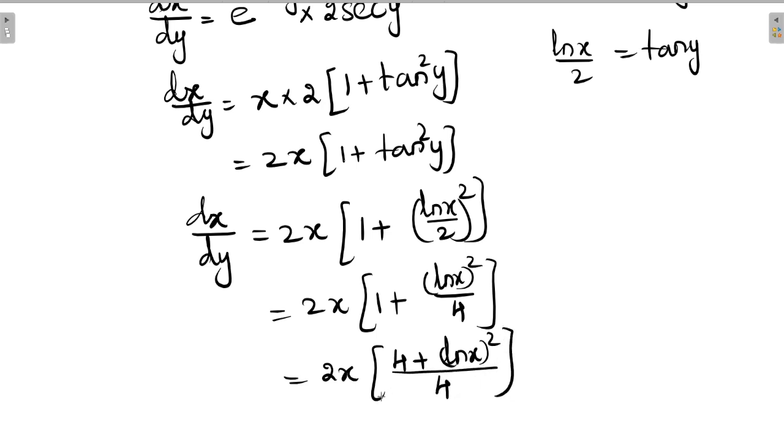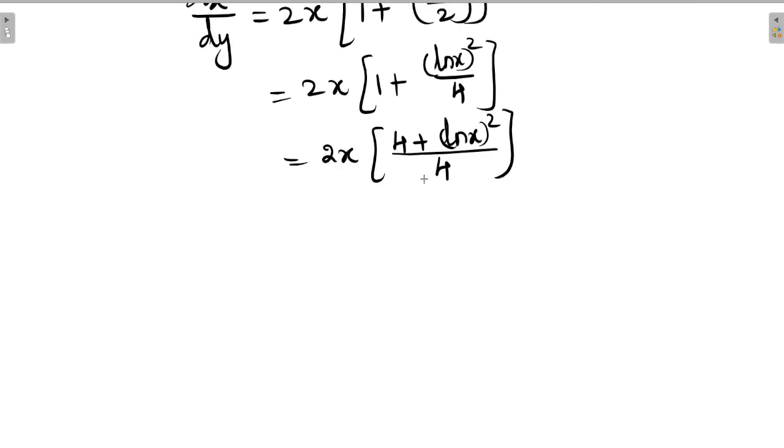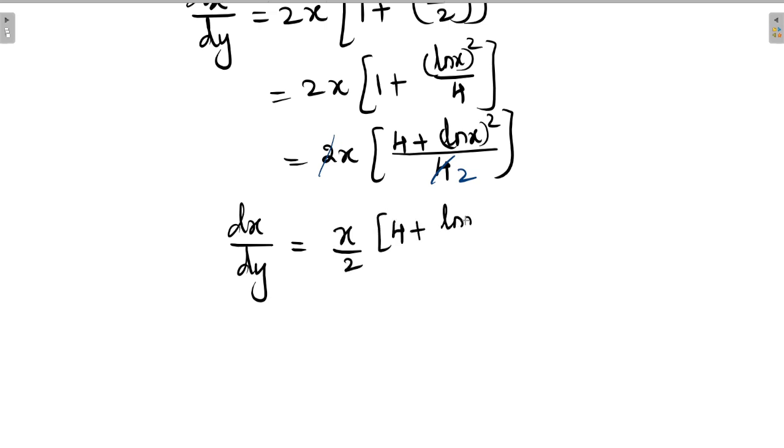Now this 2 and 4 we can cancel, and here also can be cancelled, it becomes 2. The final term is dx by dy is equal to x by 2 times 4 plus ln x square.